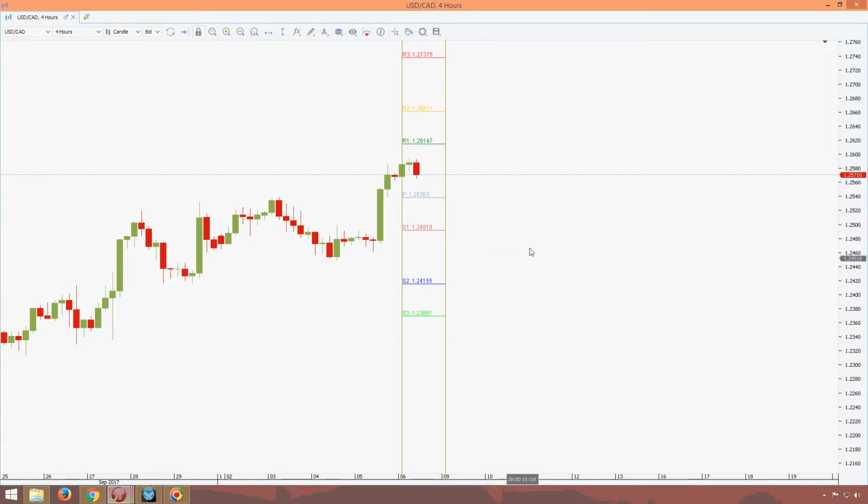It is important to note that these three levels, R1, R2, and R3, grow in an algorithmic scale, namely the market. It is easier for the market to reach R1 than to reach R2. It is not the same amount of pips. So for the pivot to reach R1 is easier than reaching R2, even though the distance between R1 and R2 is smaller than the one from the pivot until R1.